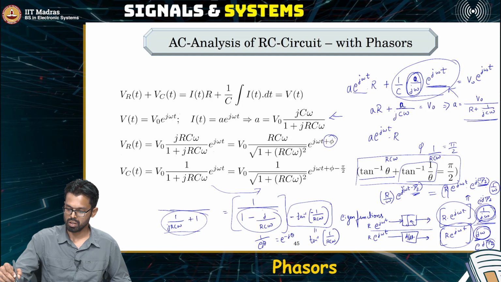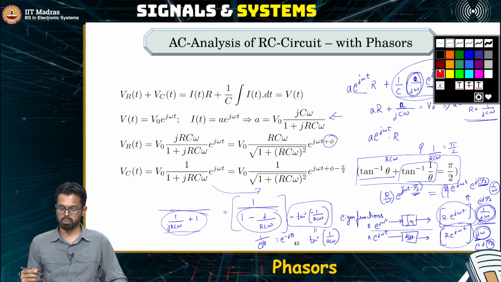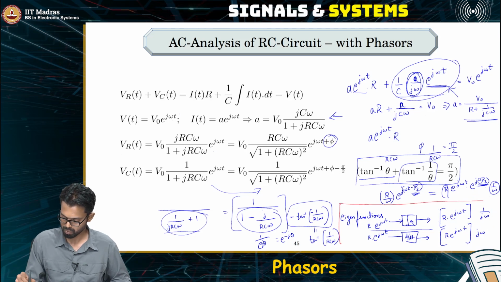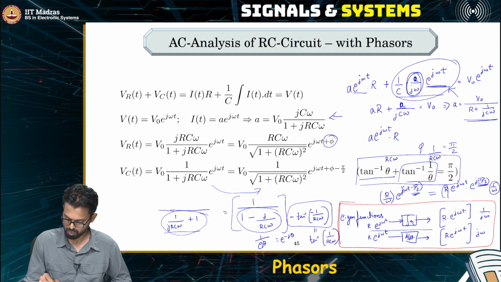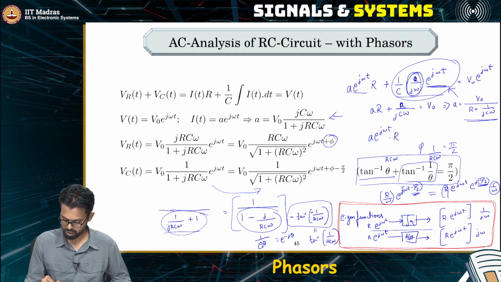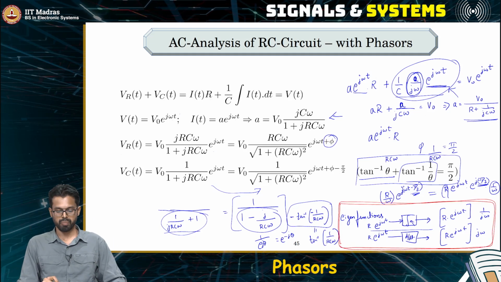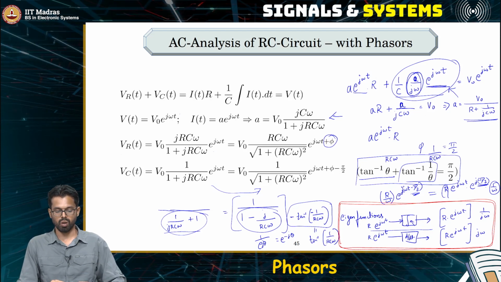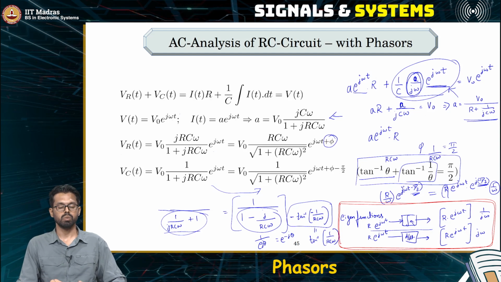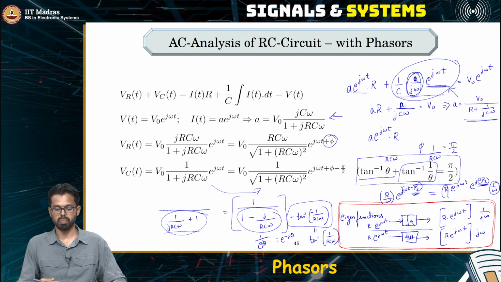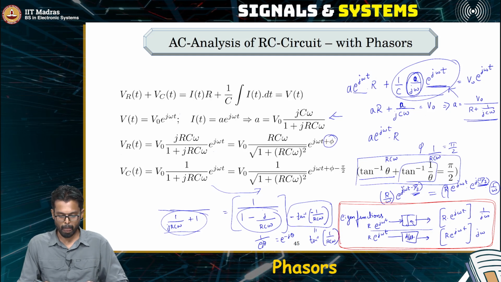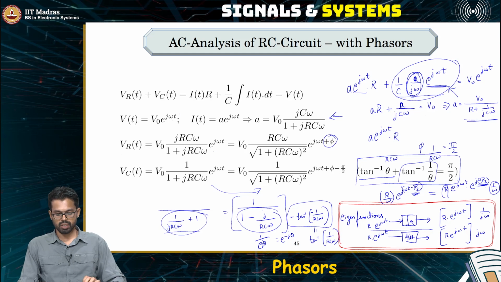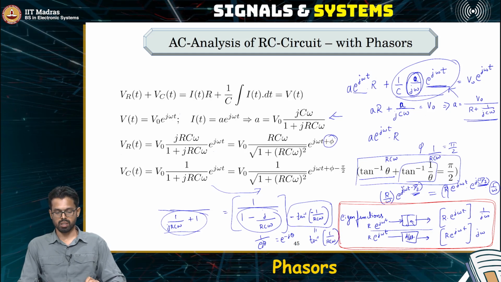So if we just keep these two important things in mind, then we are easily able to solve this set of differential equations or integral equations and find out the voltage across the resistance and the voltage across the capacitance in a very simple form, and directly compute the phase difference and all. So imagine if this is the case for a simple RC circuit.